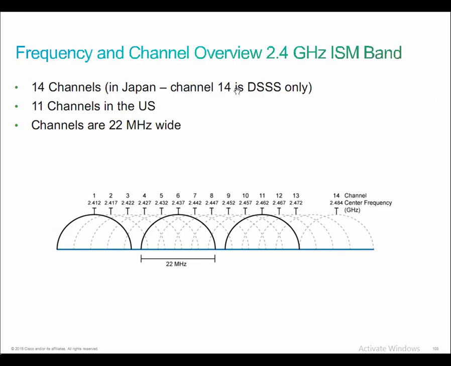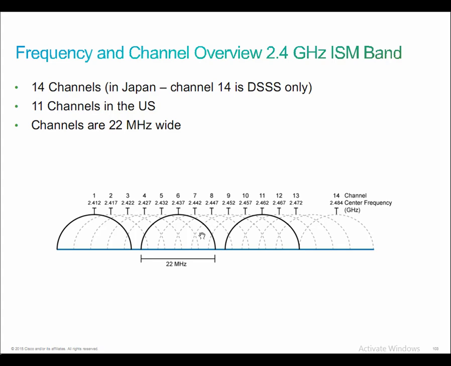All right, so let's talk about that 2.4 gigahertz ISM band and how this radio frequency is divided up. The ITU designated the 2.4 gigahertz spectrum as unlicensed. It's part of that ISM frequency spectrum. Each channel is 22 megahertz wide, so you can kind of see that depiction here, 22 megahertz wide for each channel.